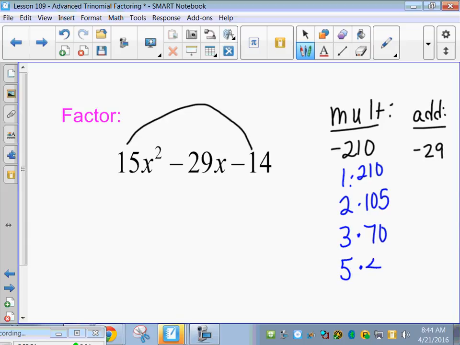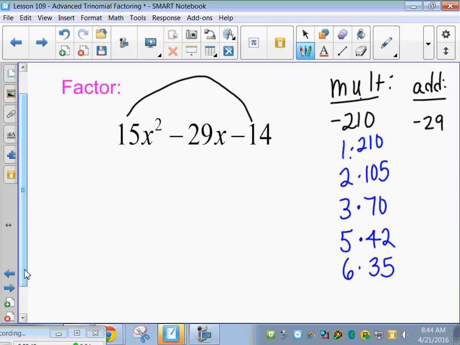Almost there. How about 6? 6 go into that? Yeah. 6 times 35. Does that give me 29? It does. So notice we had to use a calculator and divide until we got there. So some of these take a little time.